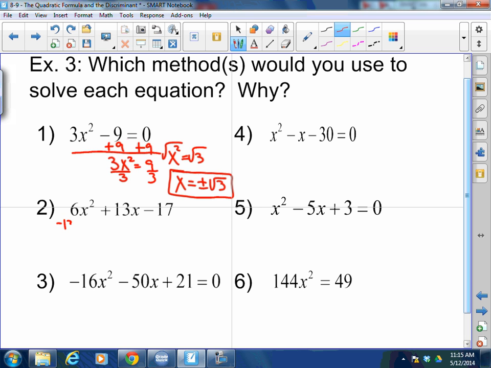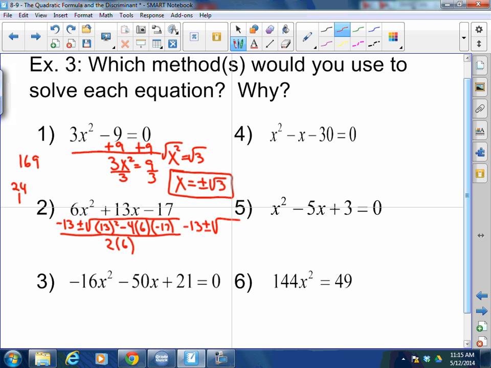Negative b plus or minus square root of b squared minus 4 times a times c over 2a. All right, so what's that going to give me? It's going to give me negative 13 plus or minus, I got 13 squared, which is 169. And then I got 4 times 6, which is 24.